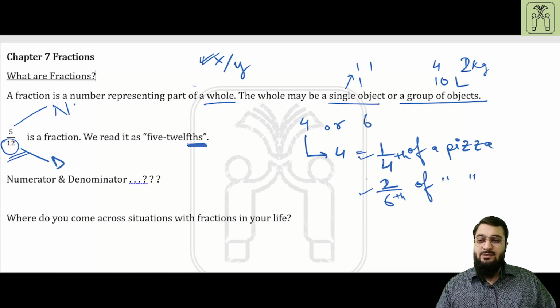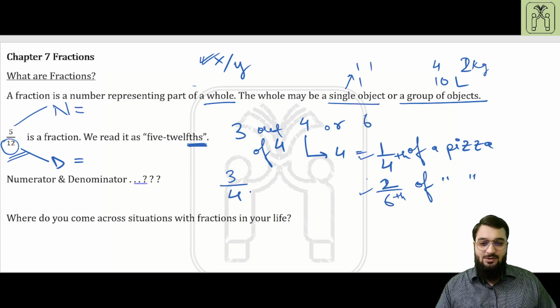The numerator is the part of that particular whole which is under consideration, and the denominator is the total number of parts in which that whole or group of objects has been divided. So if a person ate 3 slices out of 4 slices of pizza, then he ate 3/4 of a pizza. It is as simple as that. I hope you understand that.